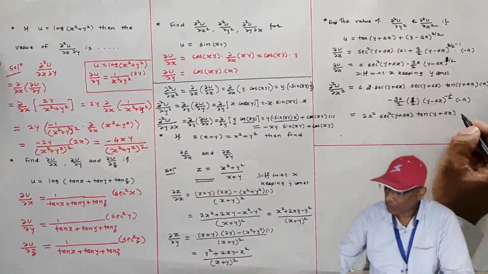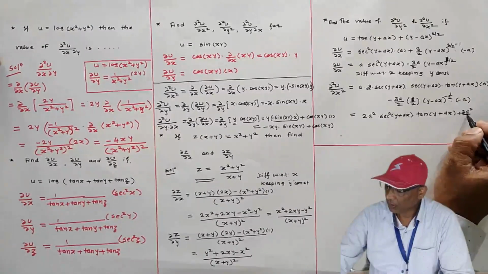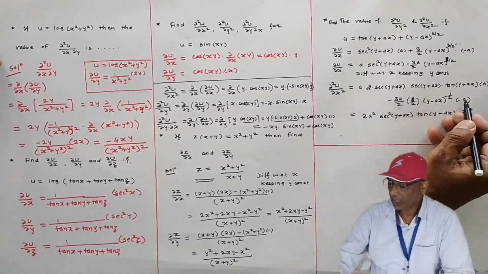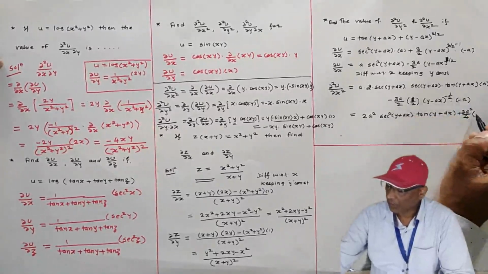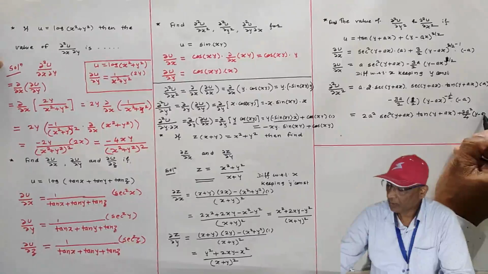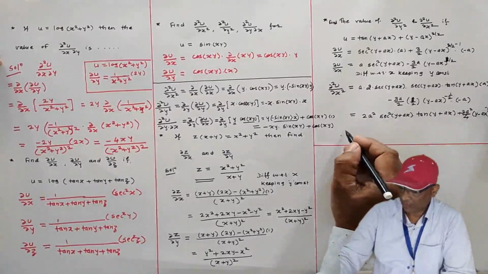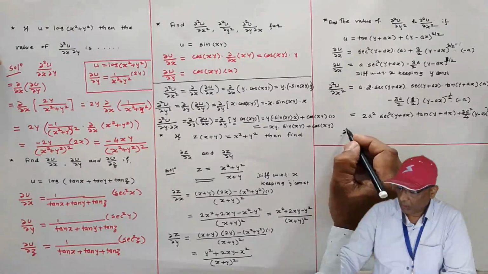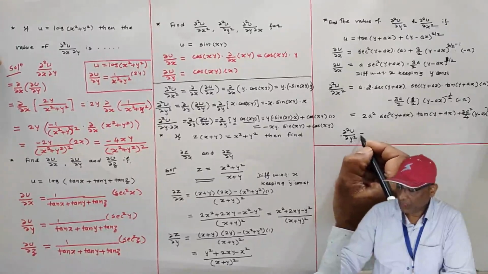Minus minus plus 3a square by 4. a multiplied by a is a square, 2 multiplied by 2 is 4, and y minus ax power minus 1 by 2. Okay, this is del 2 u by del x square. Similarly, you can find del 2 u by del y square, and it is for you.